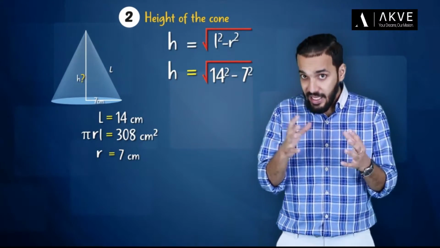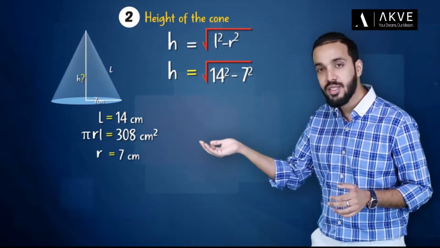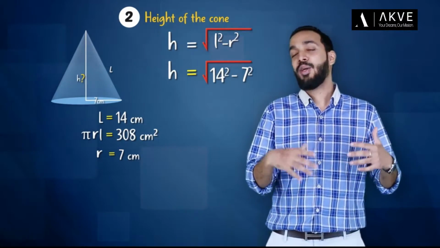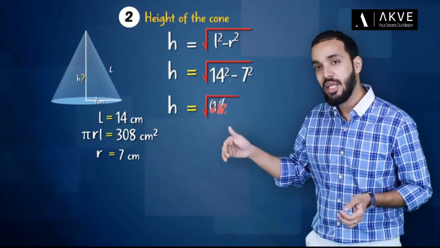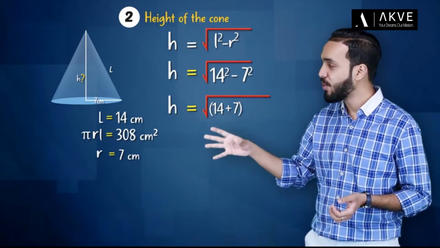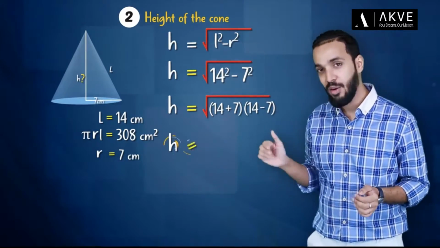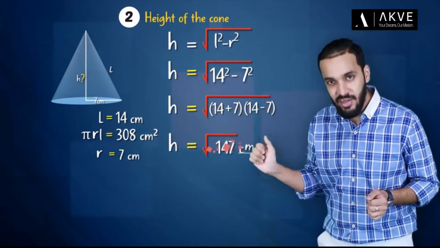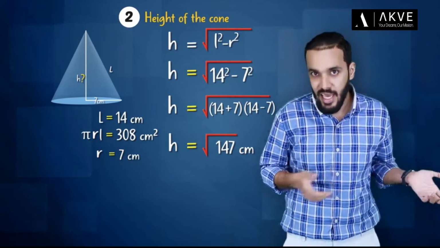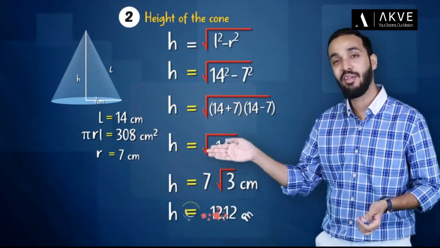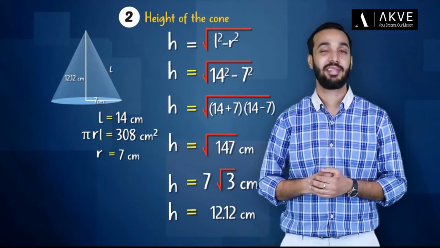Now, you may either find the values of 14 squared and 7 squared individually and then subtract them, or you could just use 14 plus 7 into 14 minus 7. In any case, you would arrive at h is equal to root over 147 centimeters, which is the same as 7 root 3 centimeters or 12.12 centimeters.